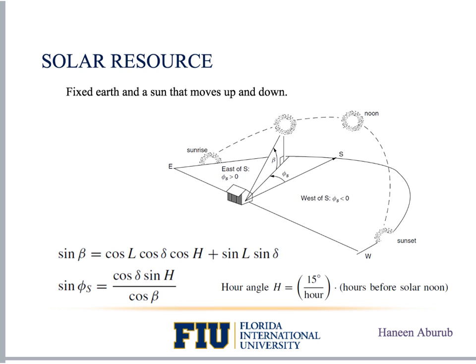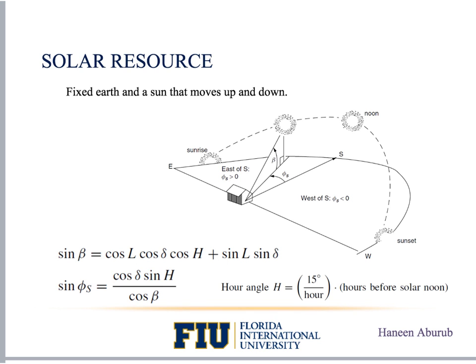Now the h here represents the hour angle, which is the number of degrees that the earth must rotate before the sun will be directly over your local meridian. So the number of degrees the earth must rotate before the sun is over your local meridian gives you h, which is the hour angle.